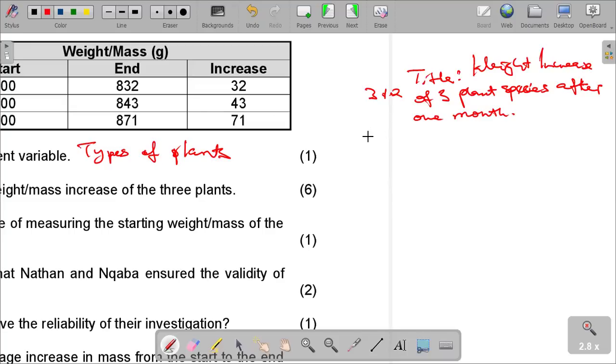That is the title. Don't forget that you should always have a title. The weight increases are 32, 43, and 71. Those are the weight increases.